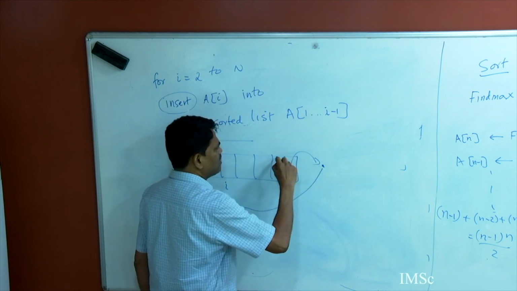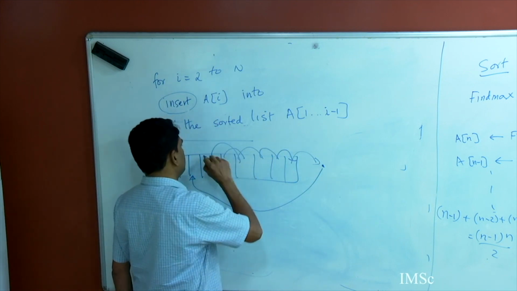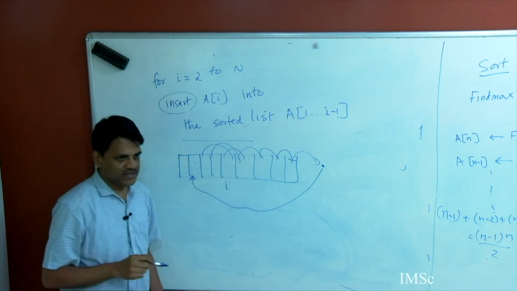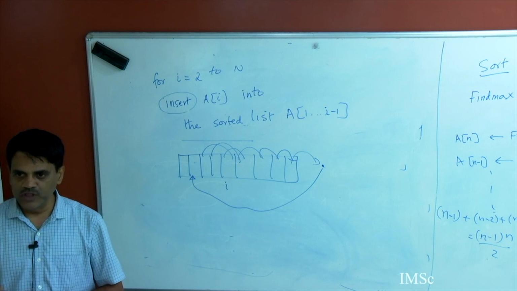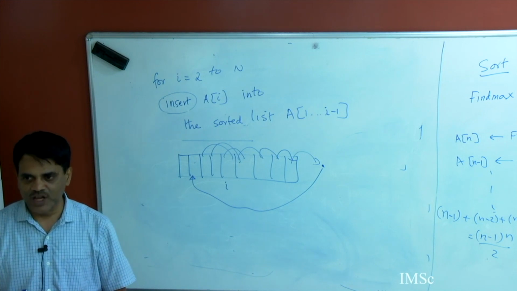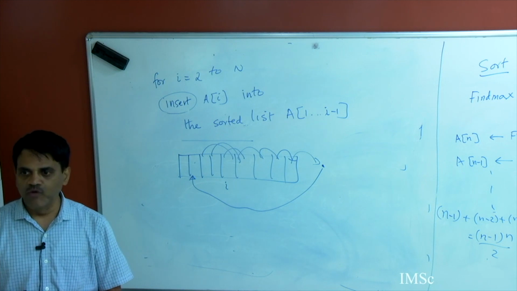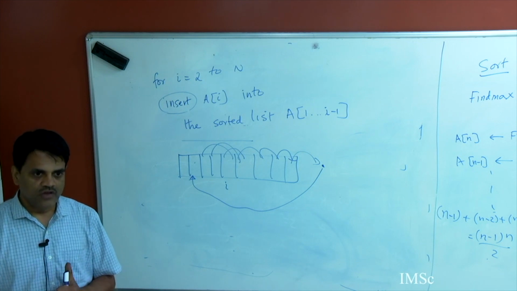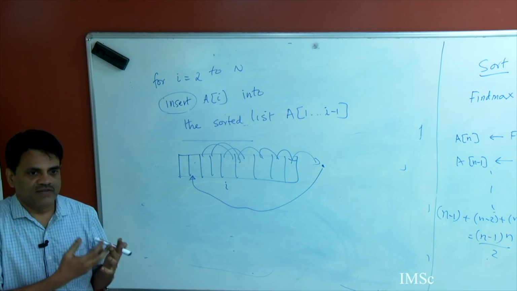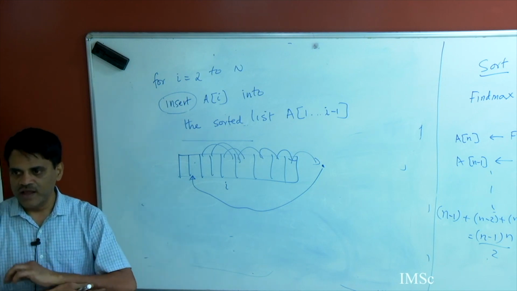I have to move this element here, move this element here, move this element here, move this element here. And then it gets here. So in the worst case, even though the number of comparisons is log n, the number of moves can be n. So if every time you end up spending these n moves, then overall it's still n square.